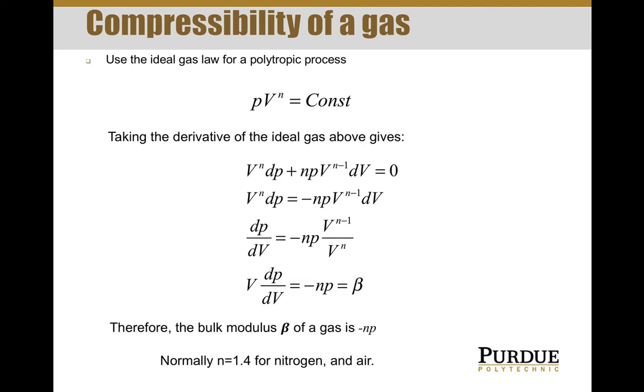And so it's very easy to find that bulk modulus by just knowing the exponent value, 1.4, times whatever pressure that the system is at.